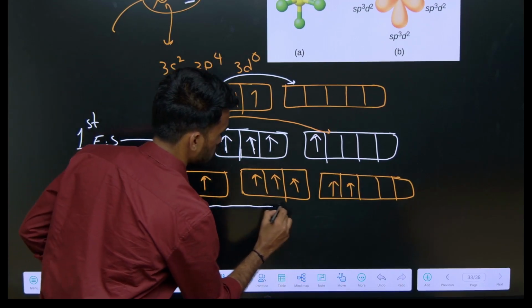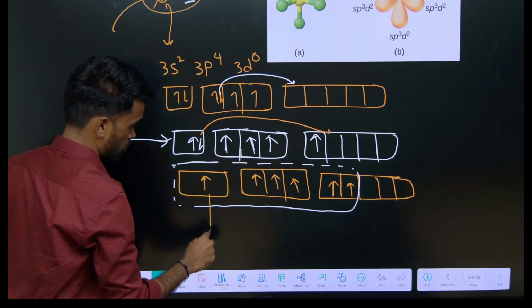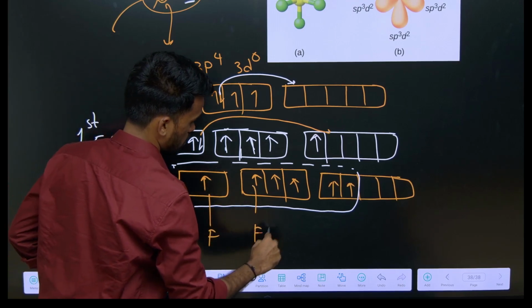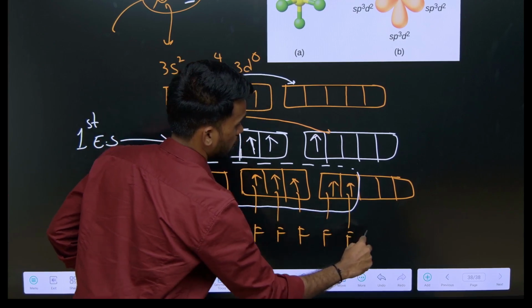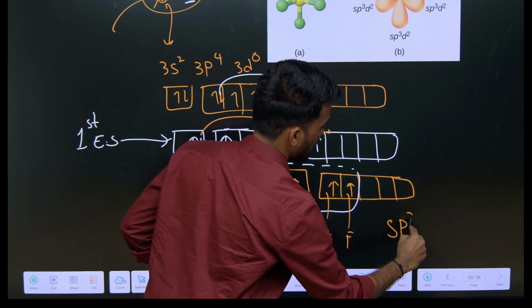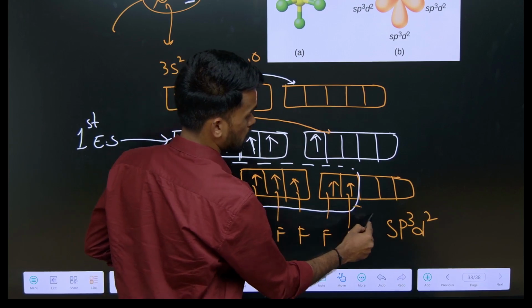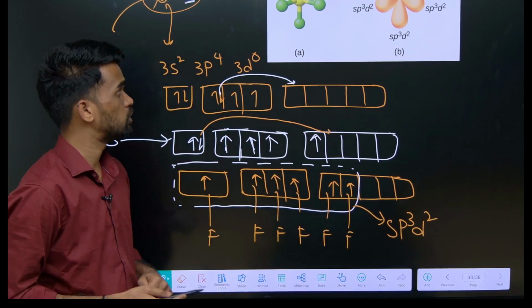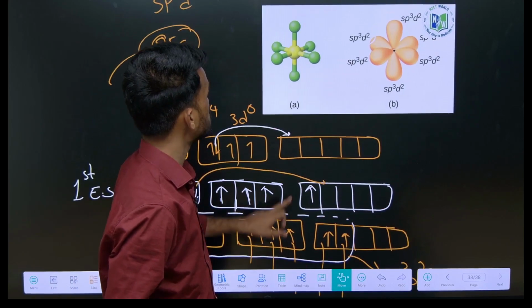We have 6 hybrid orbitals to make 6 bonds with fluorine. So how many orbitals are involved here? 1 s orbital, 3 p orbitals and 2 d orbitals. So what is the name of these hybrid orbitals? You should call it sp3d2.